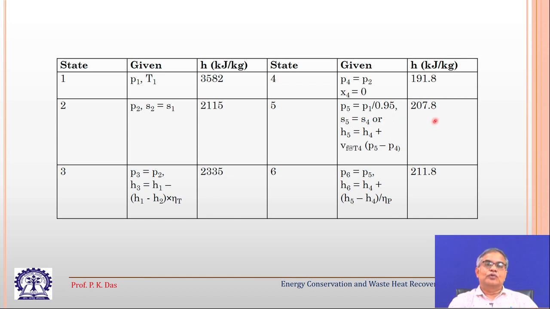This is the ideal enthalpy if the compression could have been isentropic. Now, if the compression is not isentropic and we consider the pump efficiency, which is 85% isentropic efficiency, then the enthalpy value at point 6 is 211.8.